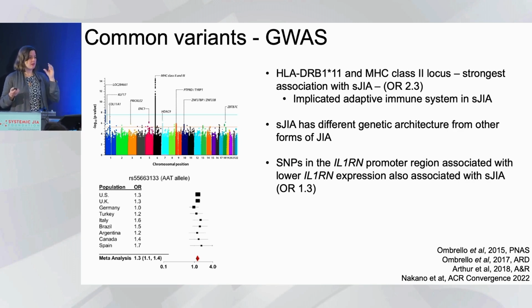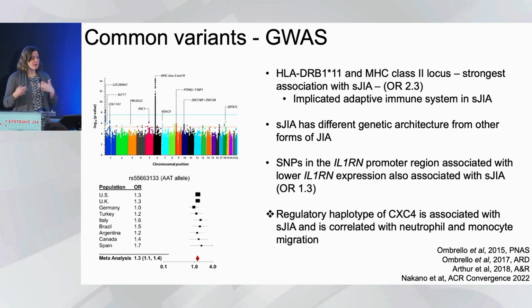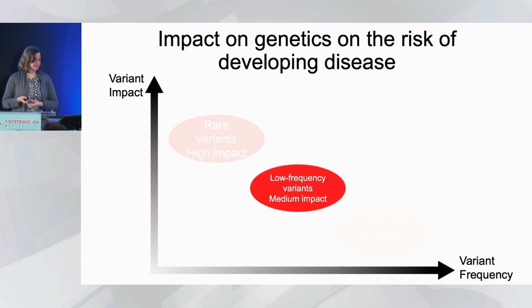In particular, it was a genotype that was associated with a lower expression of IL-1RA. And then there was this other abstract, still pre-publication, where they found an association of CXCR4 with systemic JIA that was associated with neutrophil and monocyte migration as well.